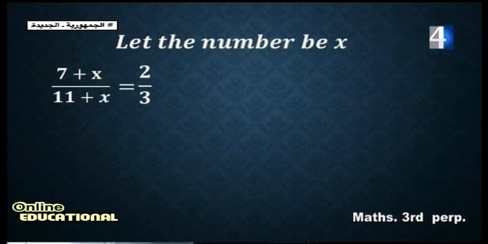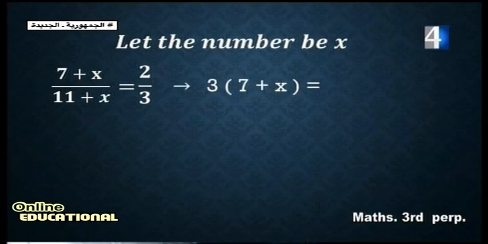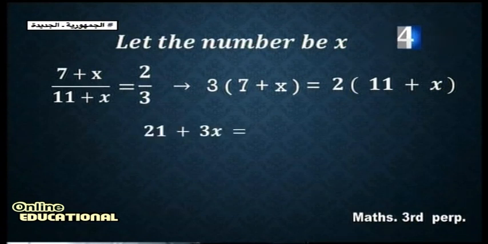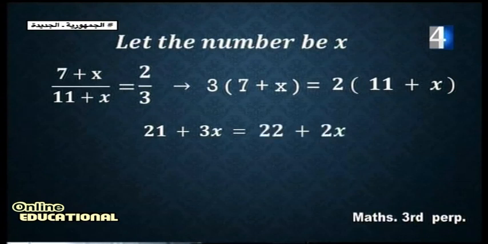By making cross multiplication, do you remember cross multiplication? Yes, by making cross multiplication, you are going to find that 3 multiplied by 7 plus x equals 2 multiplied by 11 plus x. Now by multiplying 3 by the bracket, you are going to obtain 21 plus 3x equals, on the other side, 22 plus 2x.